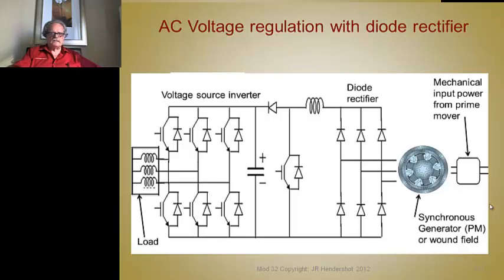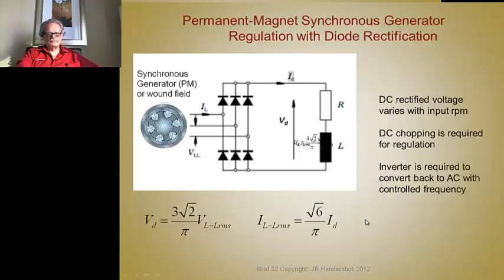This is the circuit diagram for voltage regulation with a diode rectifier. This generator can be a synchronous wound field generator or a PM generator. It doesn't really matter, but its output is rectified into DC, and then that DC regenerates AC voltages.